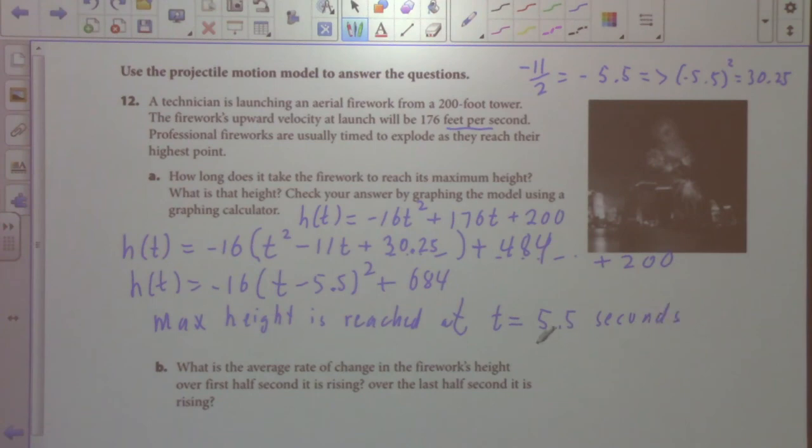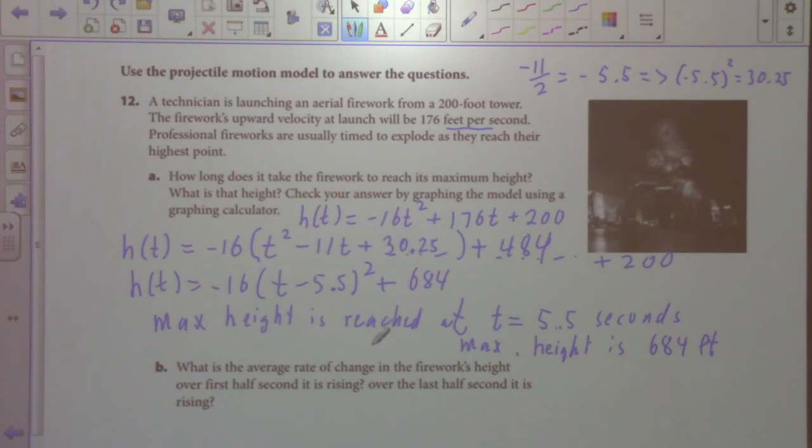And what is the height? The maximum height is 684 feet. Okay, off ground.